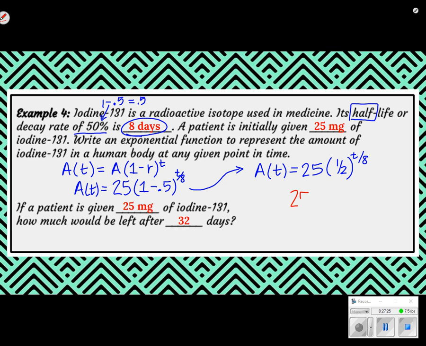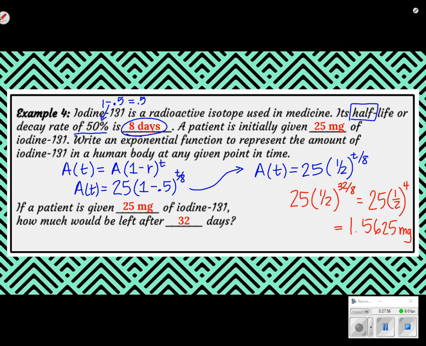So 25 times 1/2 to the 32 over 8, which we already know is to the 4th power. And then we're just going to stick it in the calculator. 25 times 1/2 to the 4th power is 1.5625, and that is milligrams of that iodine-131.